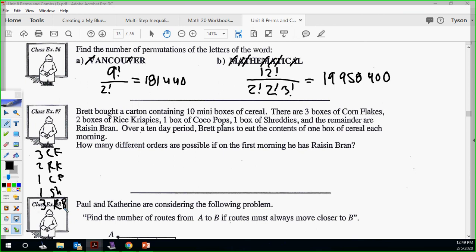We know he's starting with Raisin Bran. Okay, so that's just locked in. So that means we have 9 days left. So that means we're doing 9 factorial. We're shuffling 9 things, right? So the only thing you have to ask yourself now, if we're doing 9 factorial, is what are the repetitions?